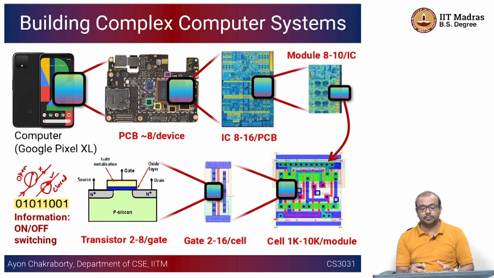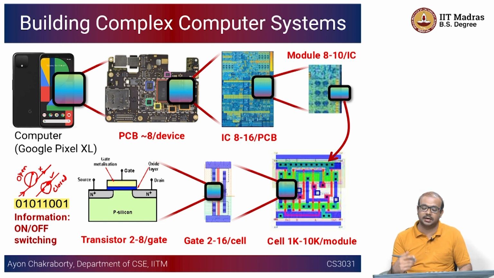Multiple such transistors are used to create these logical gates. We are going to learn more about gates, but as a part of this course, we are not going to look into how gates are implemented using transistors. You have to believe me that these transistors can be used in various combinations to create these gates.